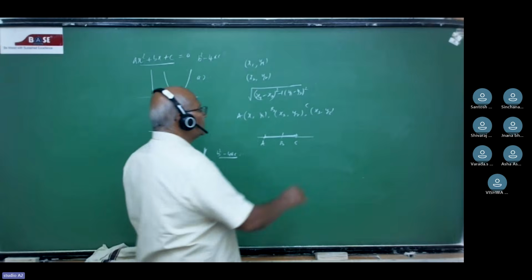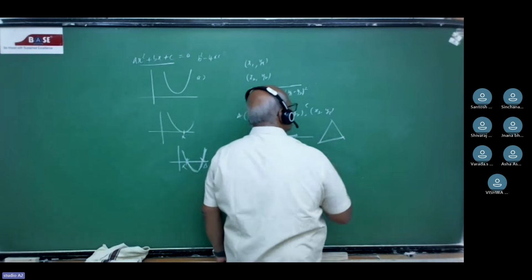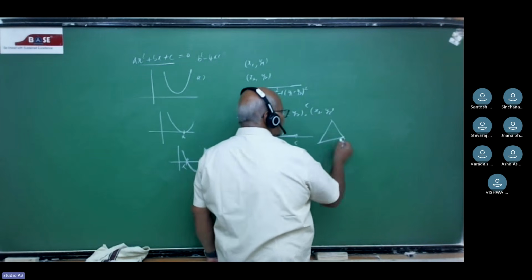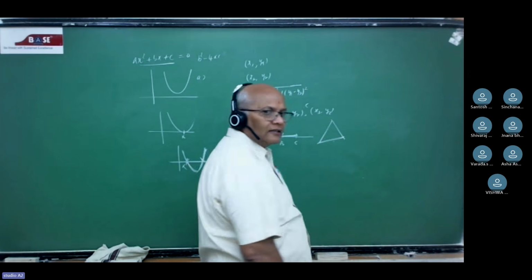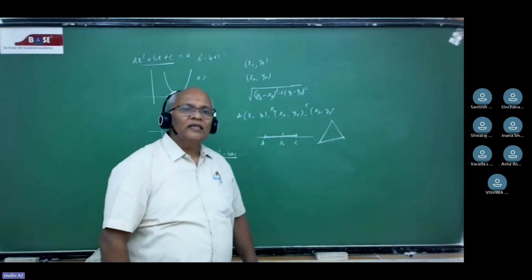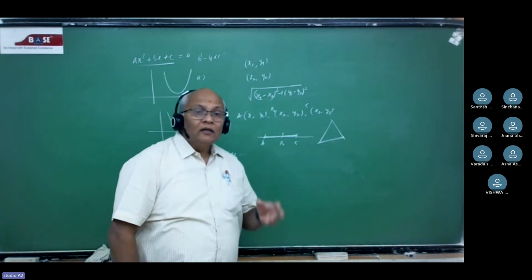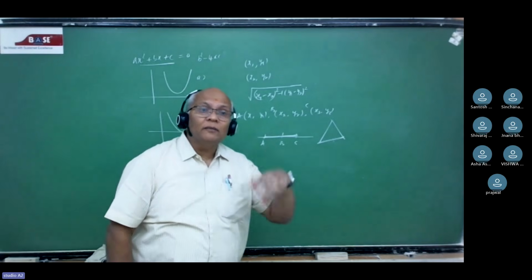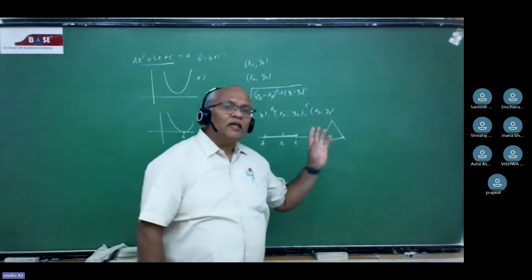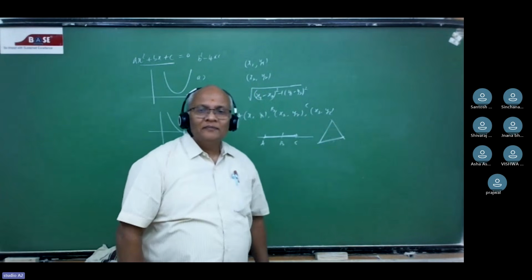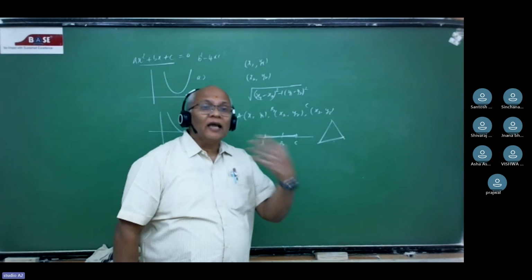Whenever it forms a triangle, it has a simple property. Sum of two sides is certainly less than the third side. Sum of two sides is certainly less than the third side. You can think of introducing something more. The difference of these two is certainly more than the other one. Such concepts can be looked into.